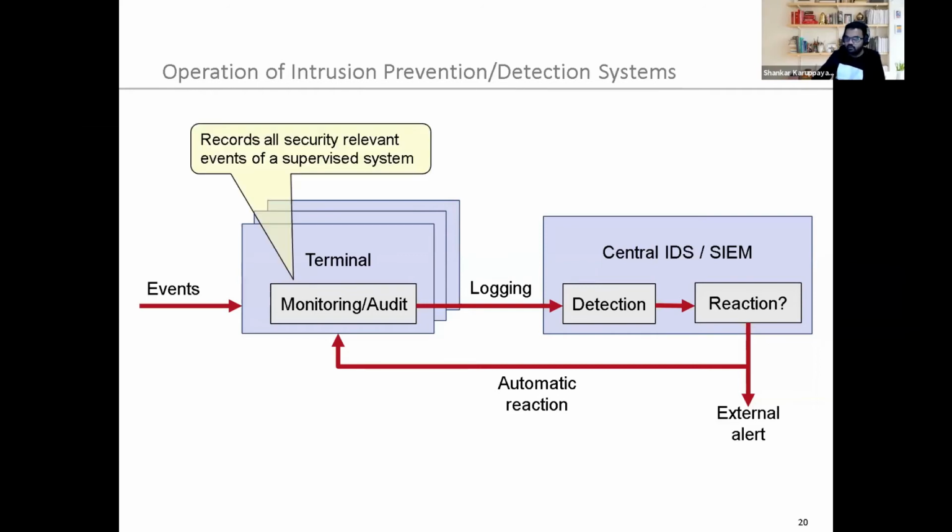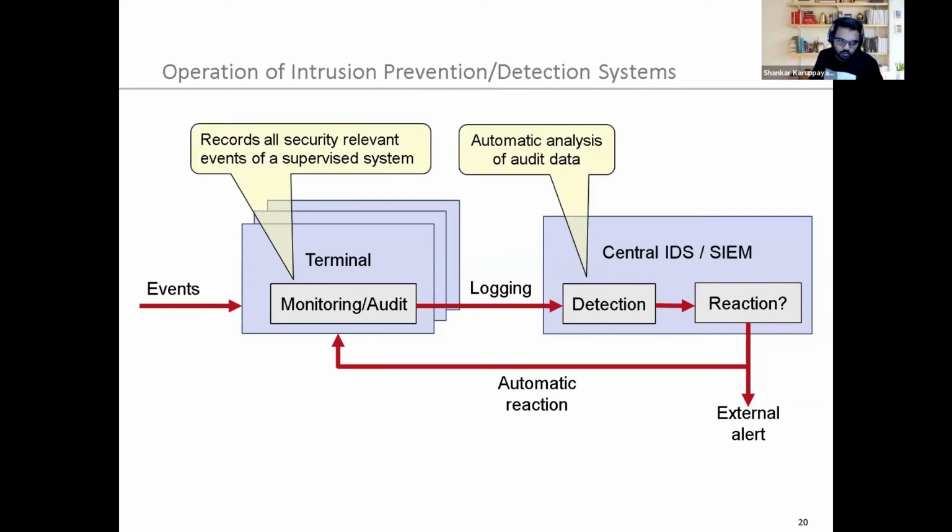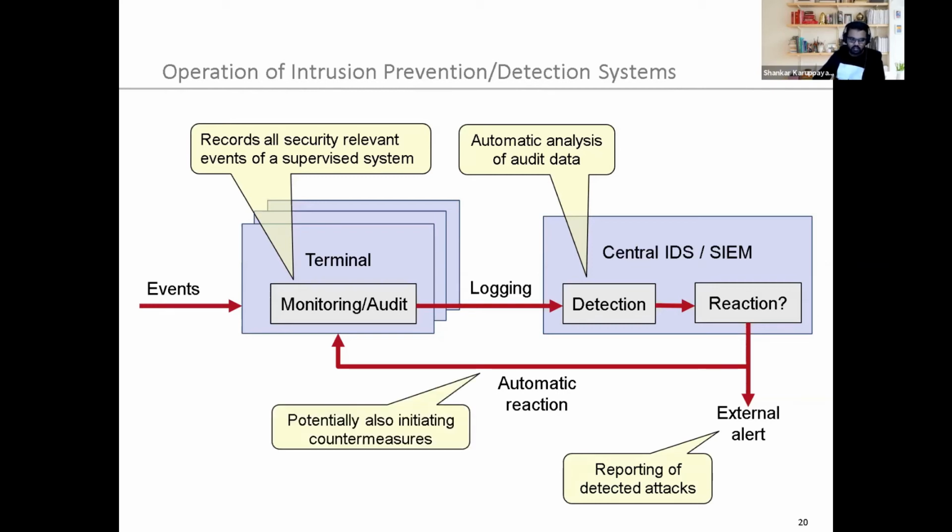The monitoring component records the relevant events of a system or a network. Then the detection component will perform automatic analysis of what we have recorded, so it will make sense of what we recorded. Based on that, we will then escalate, report, or raise alerts if necessary. And finally, if you have the capability to perform automatic reaction, we'll also initiate countermeasures.